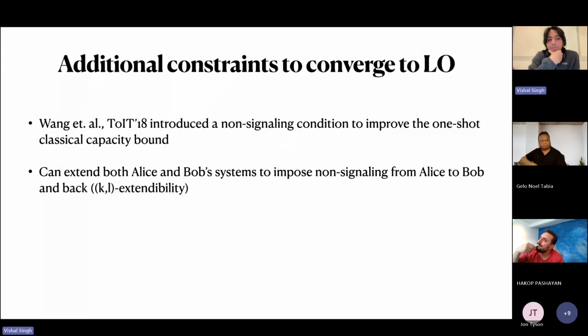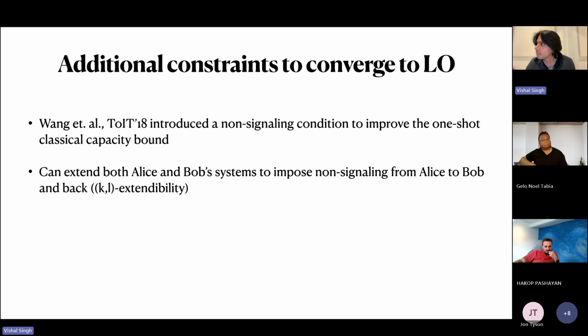And then what Jell was talking about, we can extend both Alice and Bob's system, and that is one way to impose the non-signaling condition from Alice to Bob. We call it k-extendibility because you can extend Alice's system to k Alices and Bob's system to L Bobs, and you can play around with what ideal parameters you can choose.